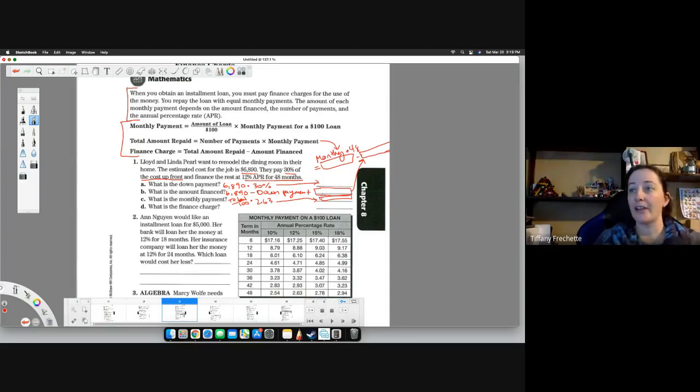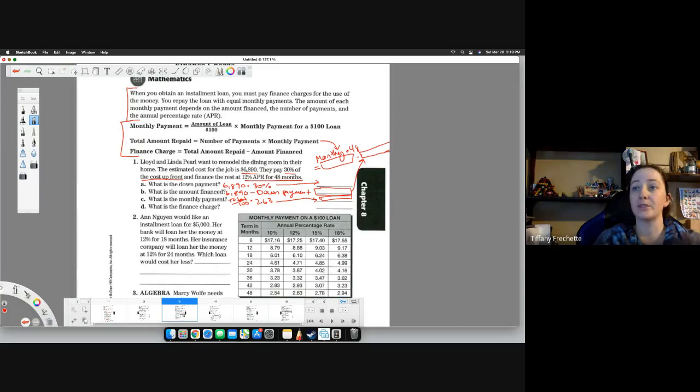So you have all of the pieces you need here once you go through and calculate. It's having you do it a little slowly. First you do your down payment, then the amount financed, then the monthly payment. Remember to multiply that by 48 to get your total repayment amount.